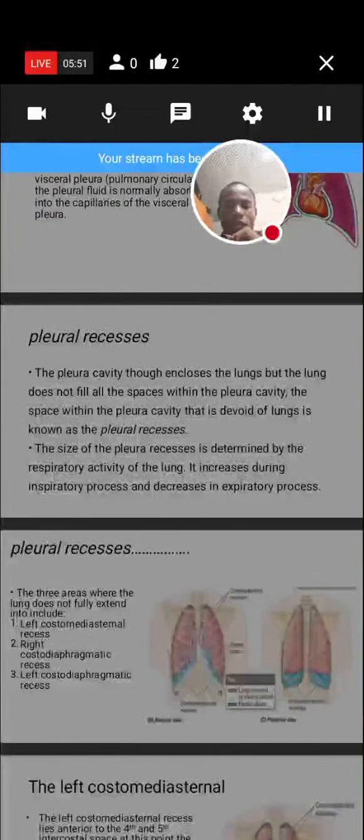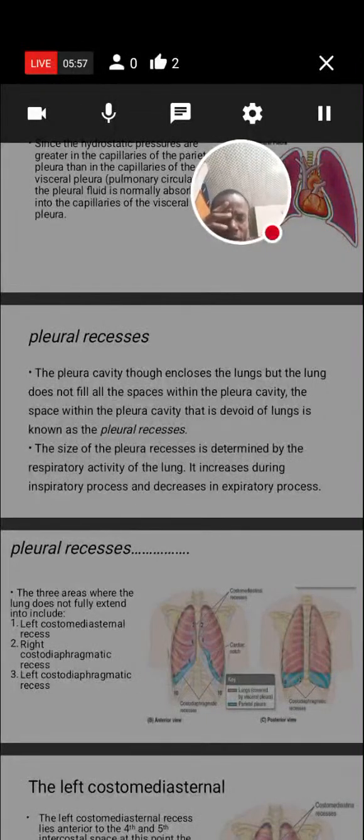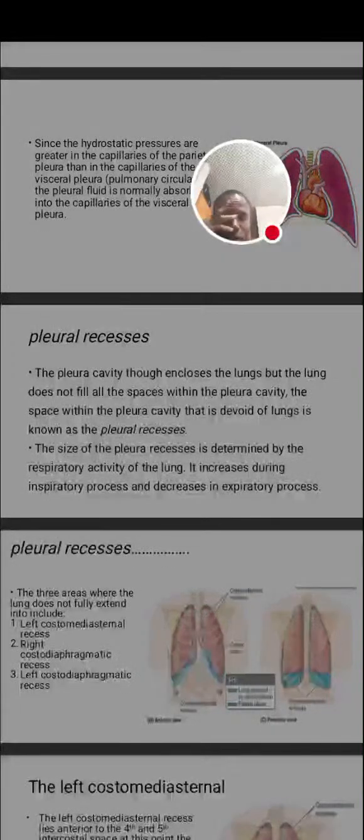The size of the pleural recesses is determined by the respiratory activity of the lung. It increases during inspiration and decreases during expiration.